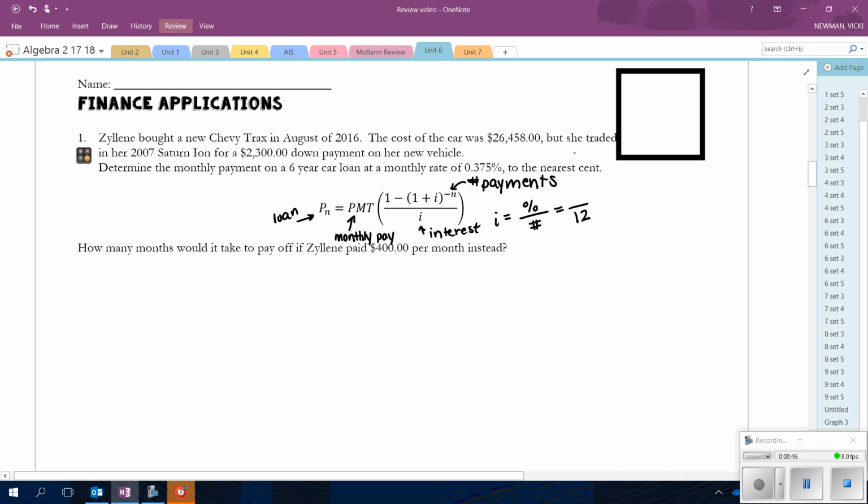So Celine bought a new Chevy Trax in August of 2016. The cost of the car was $26,458. But she traded in her Saturn for a $2,300 down payment, which means her loan isn't for $26,458. It means that she gets to take out a loan for less.